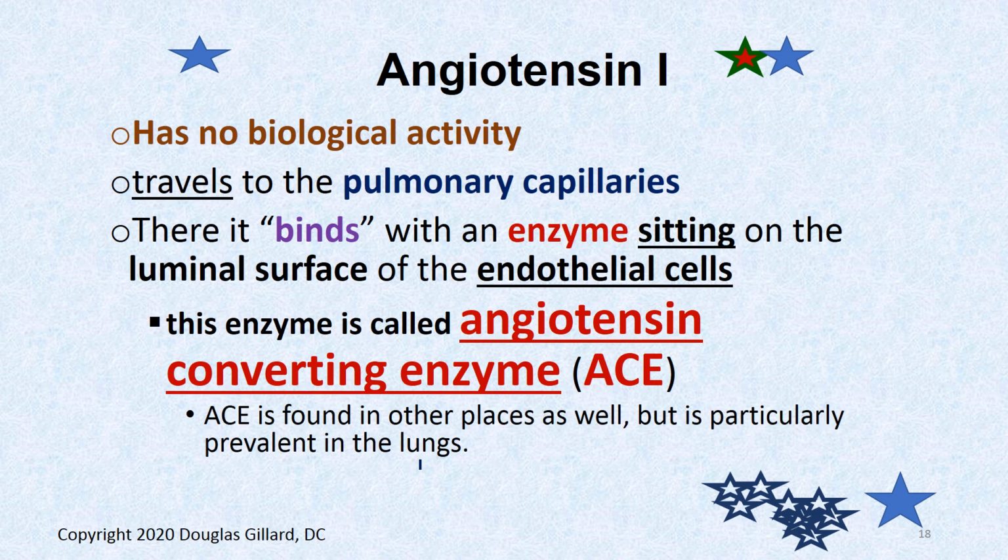Angiotensin 1 isn't really terribly exciting. We'll talk a tad bit about it in a minute, but it has no big role that we're interested in right now. It does do something. It floats around and looks for its mate because it wants to be cut again. It's looking for somebody really important called ACE, angiotensin converting enzyme.